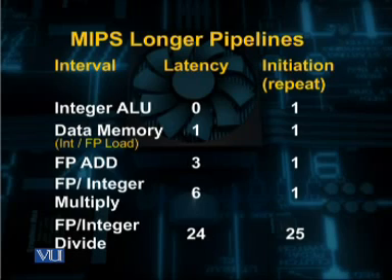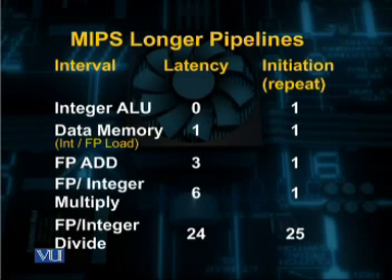This is because the result is used on the next clock cycle for an integer type instruction. Whereas the load has a latency of 1 because the result is loaded into registers after one intervening cycle.